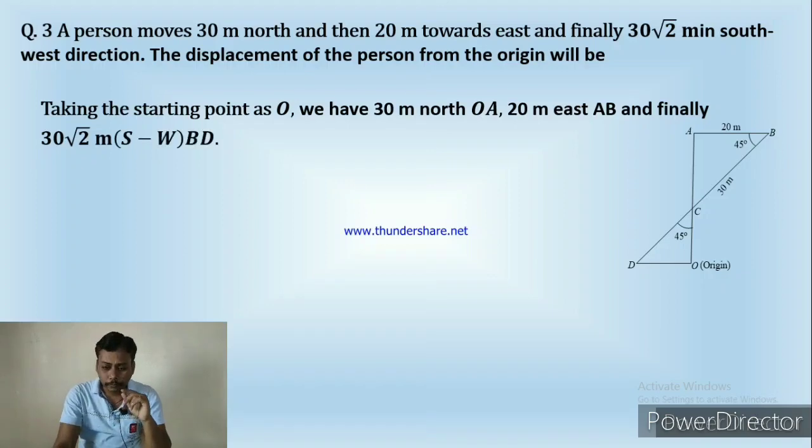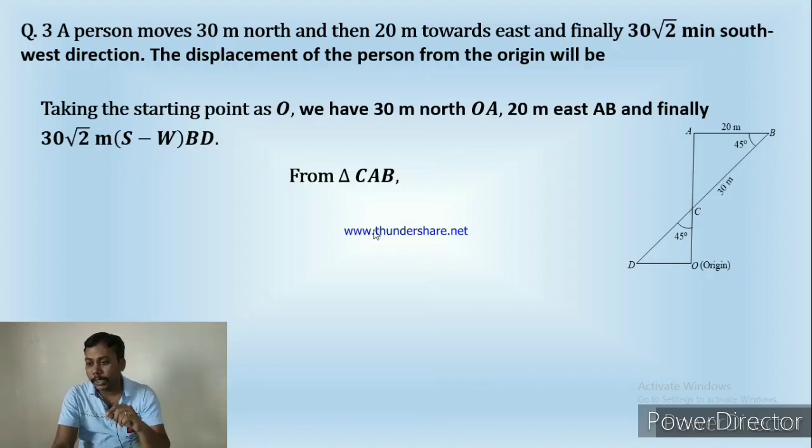Okay. Now from triangle CAB, this is a right angle triangle, and angle B and angle C are both 45 degrees. So the opposite sides of this triangle are also equal. If AB is 20, then AC must be 20. So from triangle CAB, AC is equal to 20 meter.